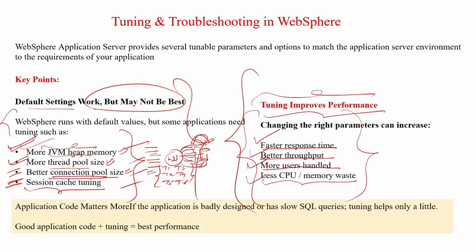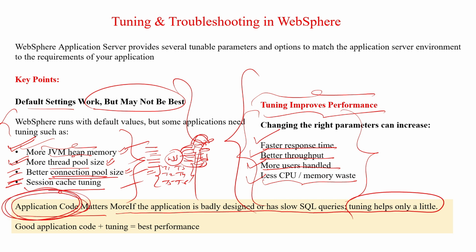Now, apart from that, application code also matters for the tuning. If the application has a bad design or slow SQL queries, tuning helps only a little. As I said, our code is processing the request and calling each and every subsystem in your WebSphere, so your code also has to be tuned. There are multiple ways of writing code.